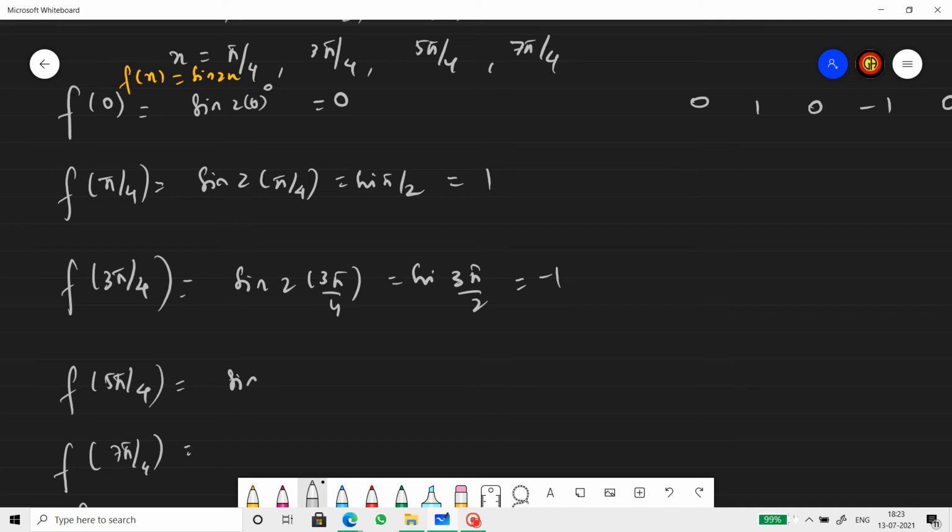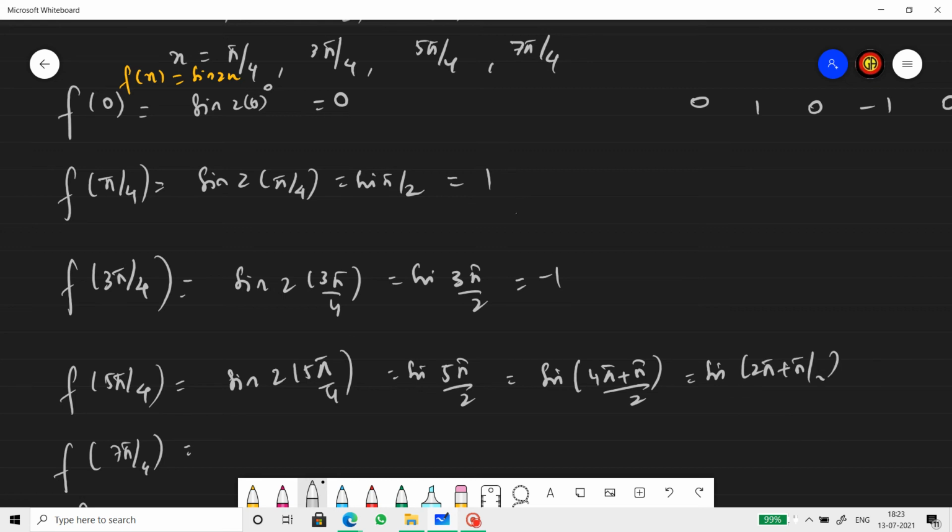Now sine 2 into 5 pi by 4. So that means sine 5 pi by 2, which we write as sine 4 pi plus pi by 2. So it is sine 2 pi plus pi by 2. 360 plus theta, first quadrant. So sine pi by 2, which is also 1.